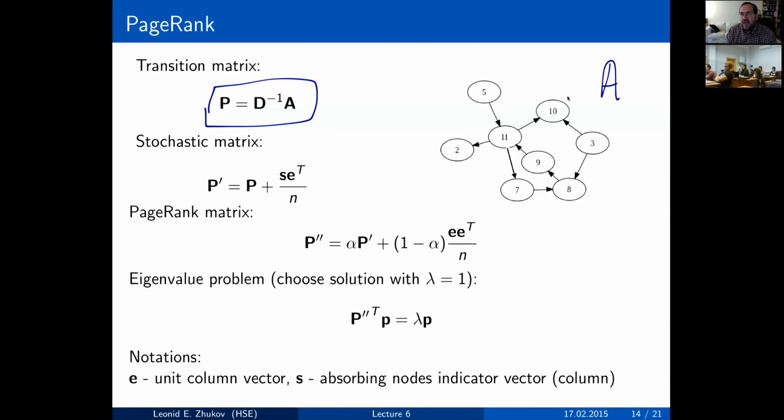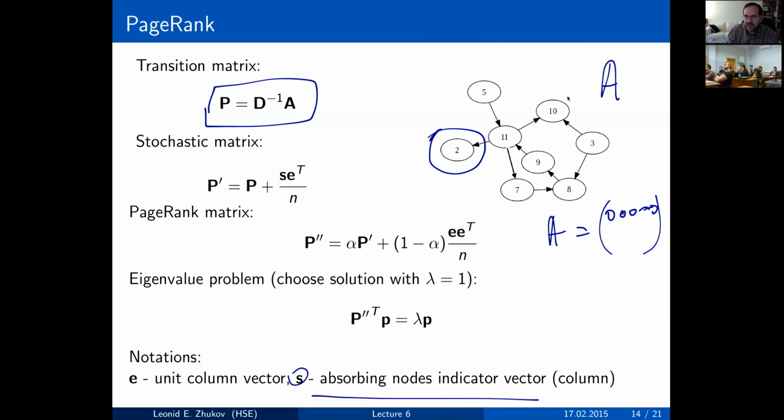Now, there are nodes here, like this, and for those nodes, the matrix A in that particular row will have only zeros. So when we calculate this transition matrix, we don't touch that row. We don't want to divide by 0. So we create a so-called indicator vector that tells us that this row has zeros, and we just do not divide by 0.